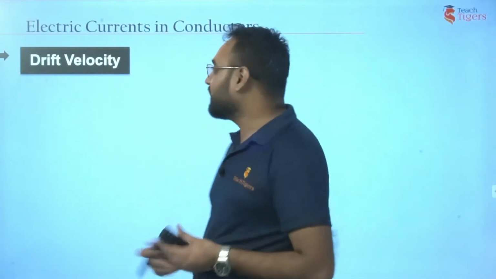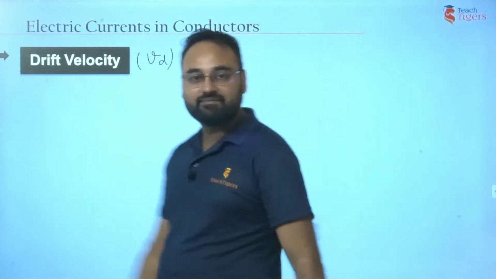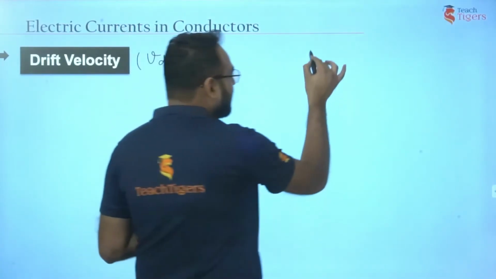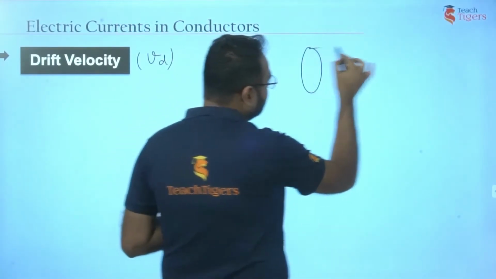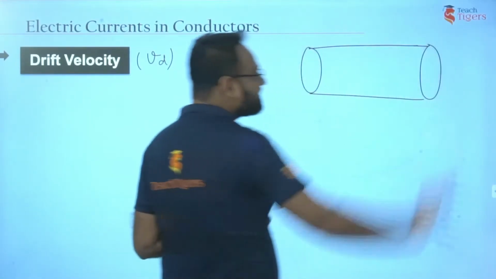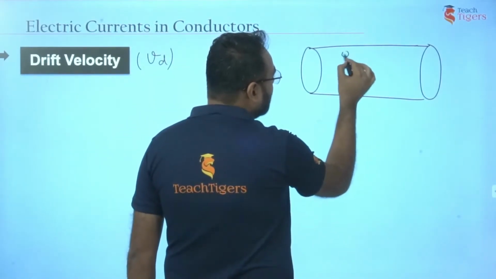It is very important. We have to understand it. It is represented by the letter Vd. Now, to understand drift velocity, let us consider a conductor. This is my conductor, and in this conductor, say electrons are there.